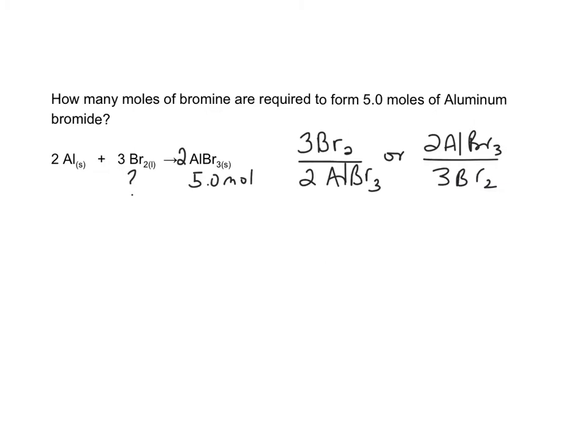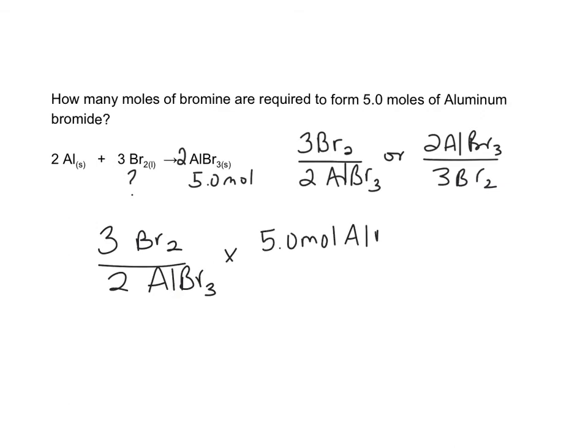Which one you use depends on what you're trying to figure out. The ratio that you're going to use is the one with your unknown on top. So we want the one with the bromine on top: 3 bromines over 2 aluminum bromides. Then you put a times, and then what you do know, your 5 moles of aluminum bromide.